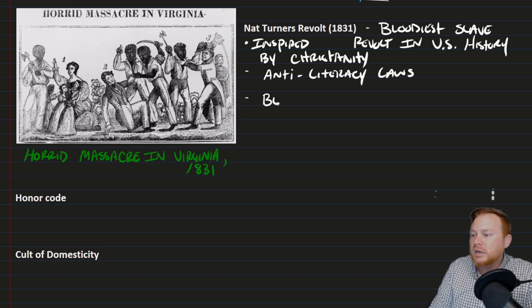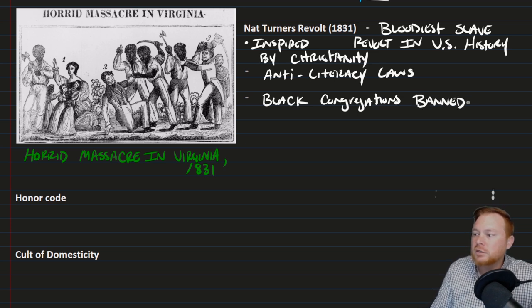Another example is that in certain areas, black congregations, right, so black churches, were banned for fear of any type of congregation inspiring some sort of revolt like Nat Turner. And you can see how it was depicted in the newspapers of the day, a horrid massacre in Virginia, 1831.